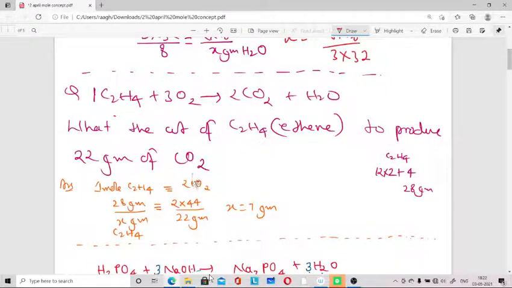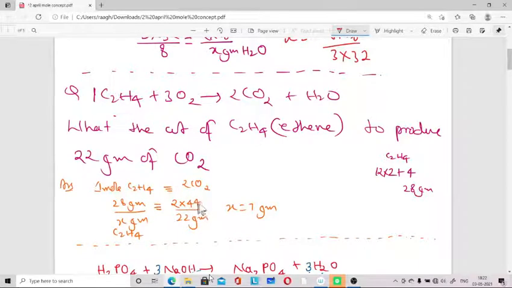Now we see 1 mole ethene is producing 2 mole CO2. So 1 mole ethene, you can calculate the weight of ethene, 2 carbon, 12 into 2 plus 4 hydrogen, so that is your 4, so it becomes 28 grams. So 1 mole ethene is your 28 grams, is equivalent to 2 mole of CO2.